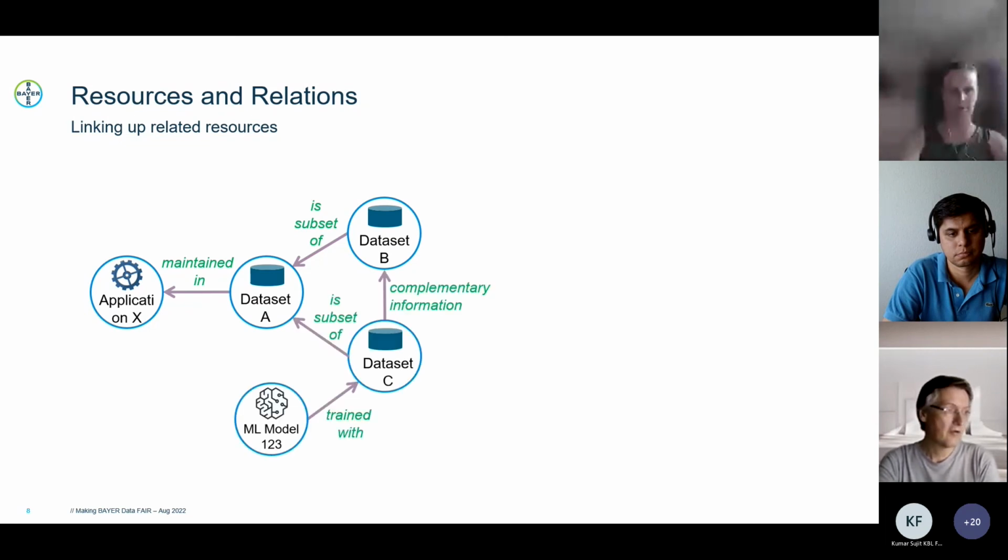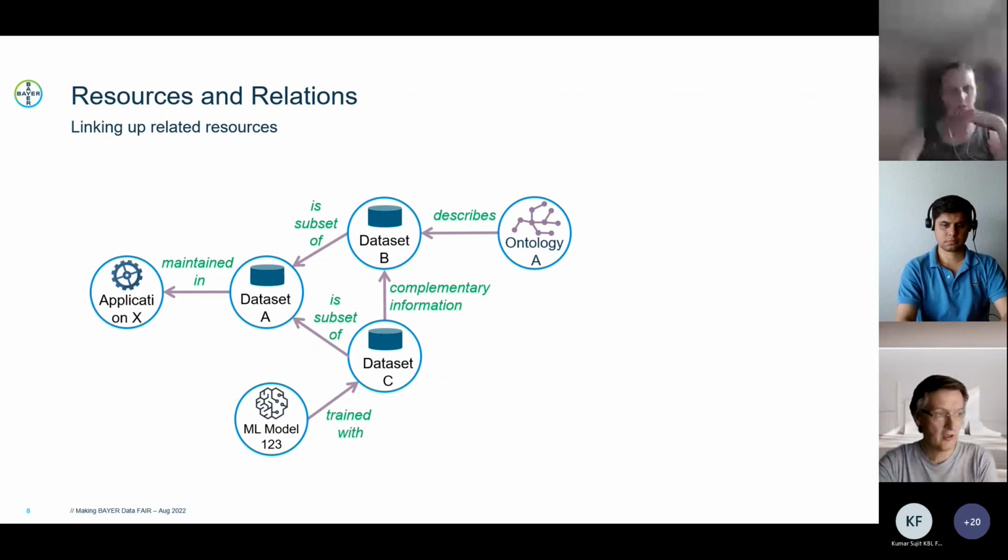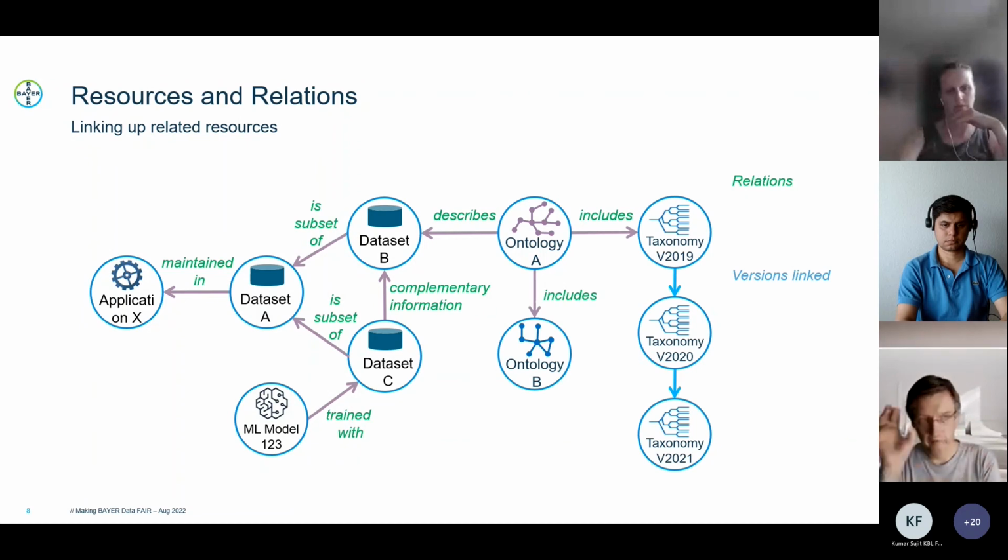You may then also find that there is complementary information in another data set that's another subset of the original one, that somebody trained a machine learning model on it, somebody created an ontology that describes the data, and this ontology uses another one that makes use of taxonomies that are used for classification, and so on and so forth. So that gives you a nice overview. Once you find one item, you find how others link to it.